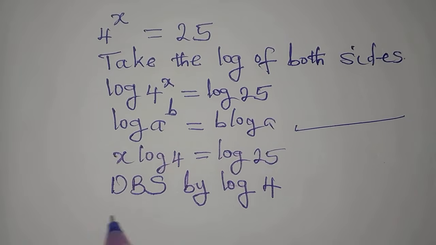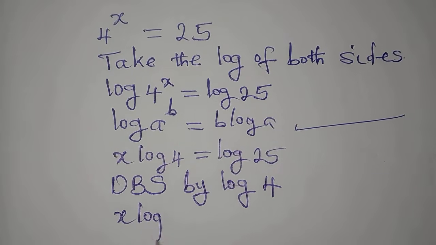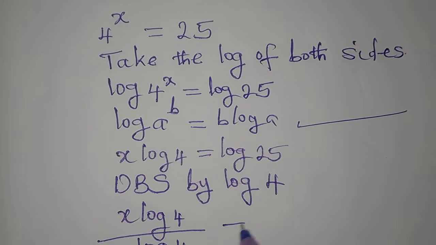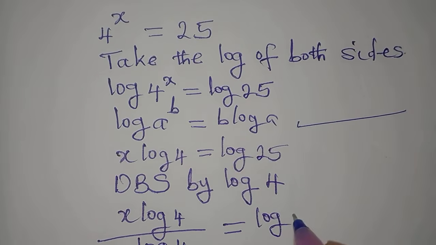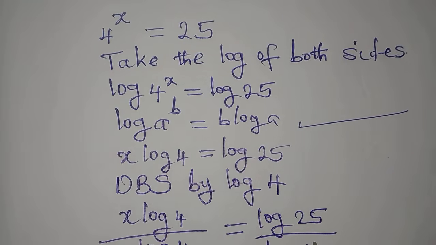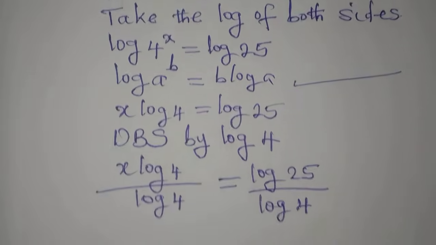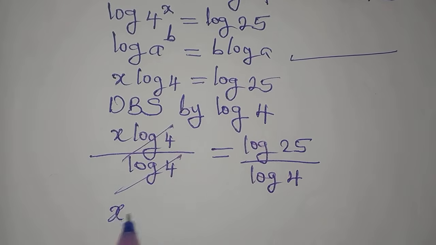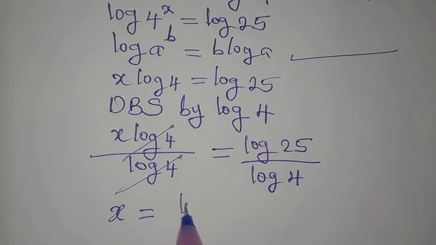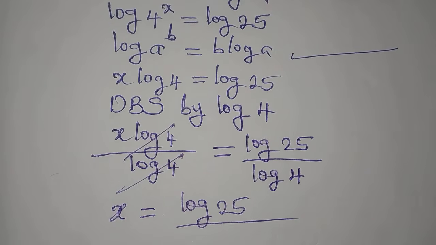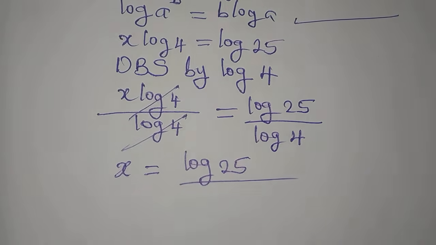So that means we'll have x log 4 divided by log 4 equals log 25 divided by log 4. This will take this out, and x will be equal to log 25 divided by log 4.